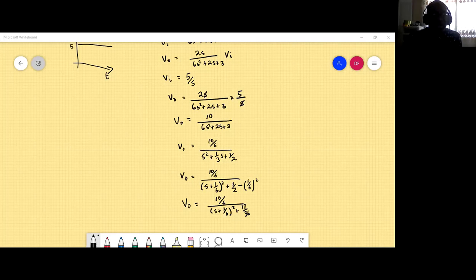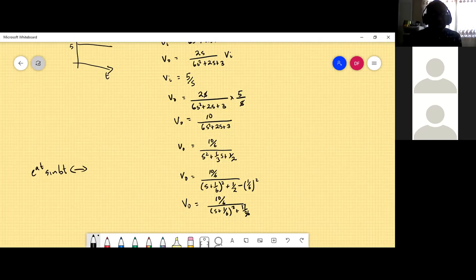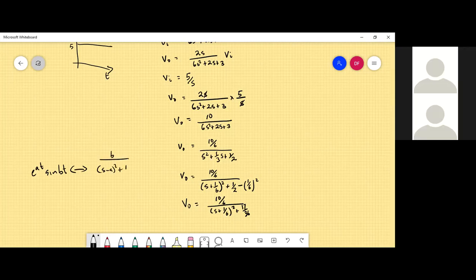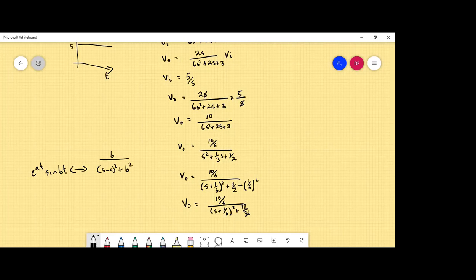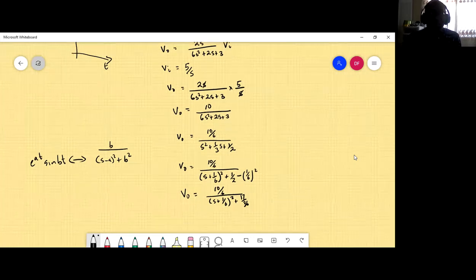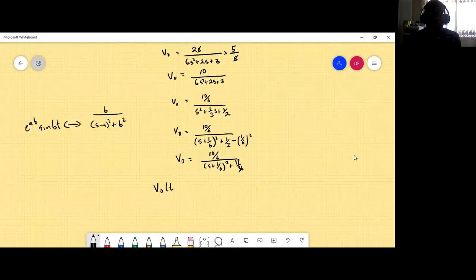So what we have here is e to the at sine bt is b over s minus a squared plus b squared. That's the transform. So V out of t, that's 10 over 6.